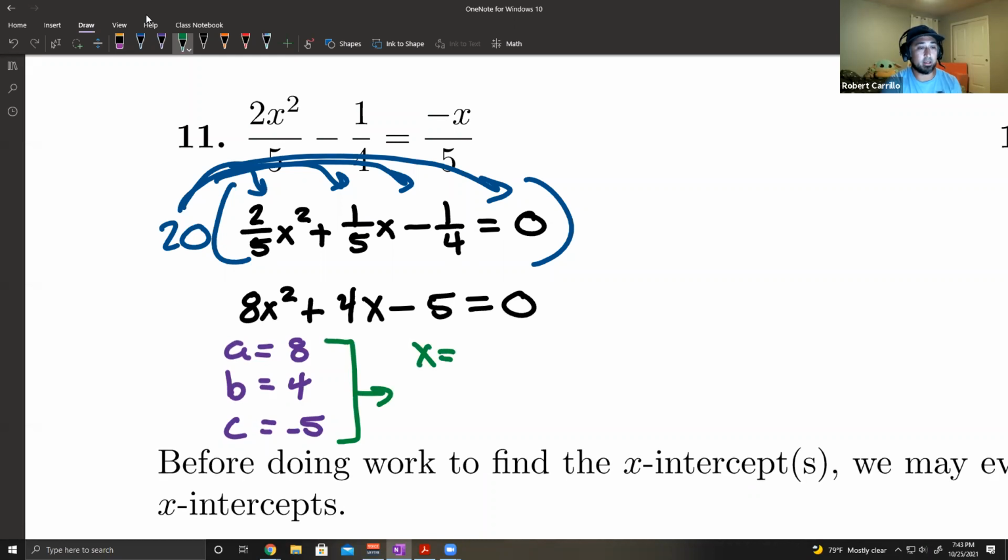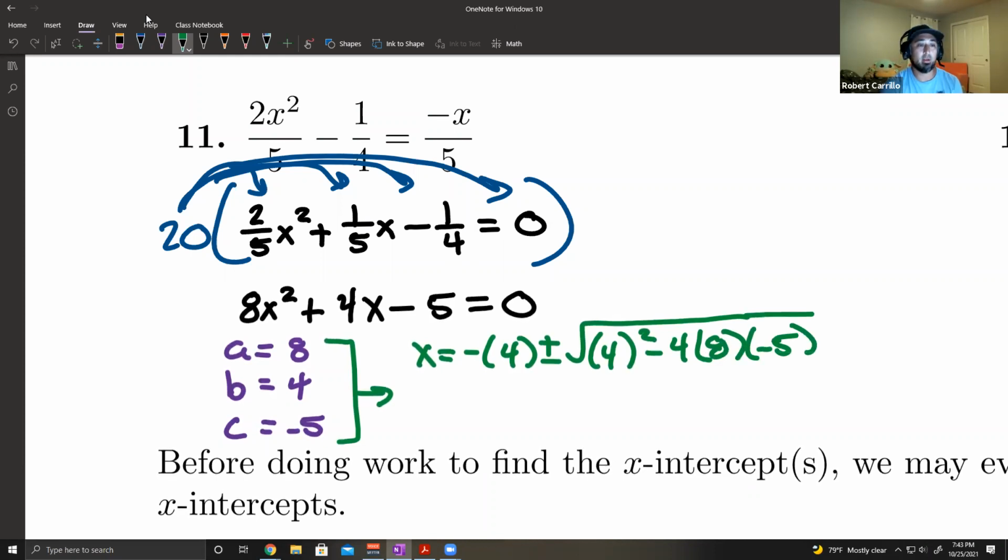Okay. So x equals negative b plus or minus the square root of b squared minus 4 times a times c, all over 2 times a.